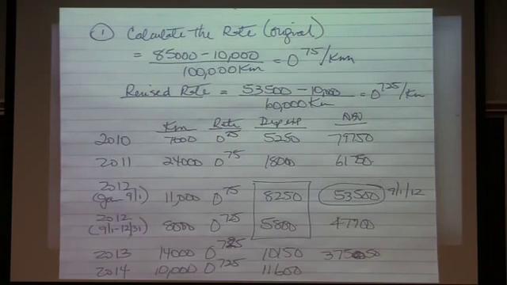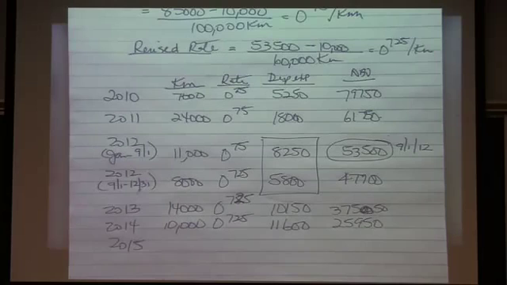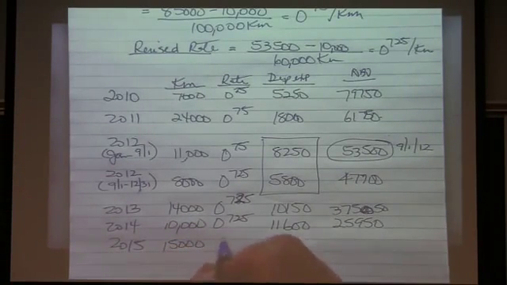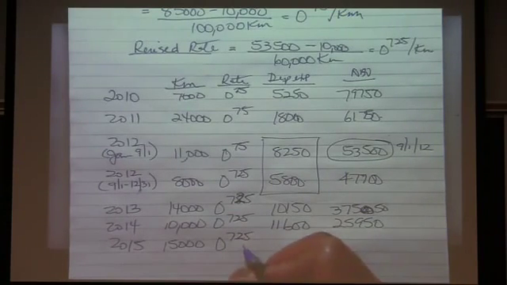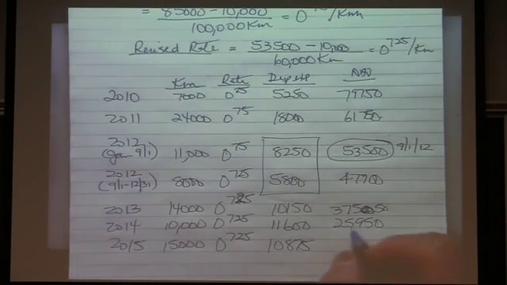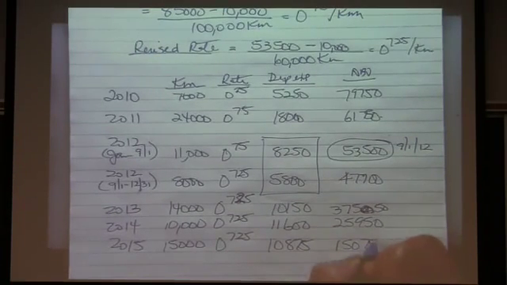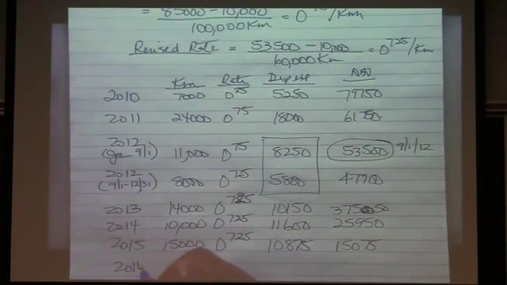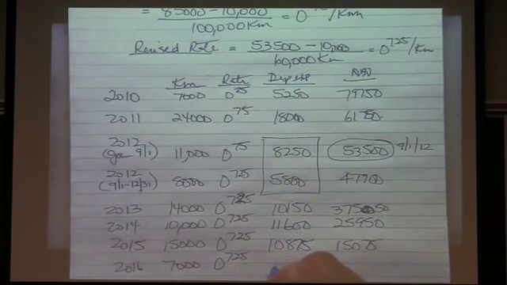And that gives us 25,950. 2015, the total kilometers was 15,000 at 0.725 is 10,875. That is 15,075. And 2016, the last year was 7,000 kilometers at 0.725. And that gives us 5,075.